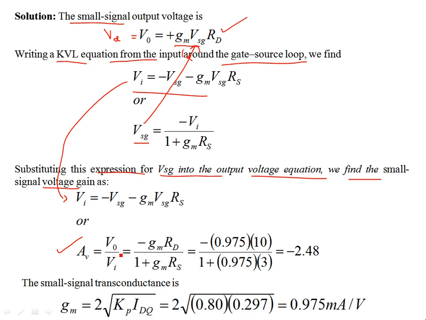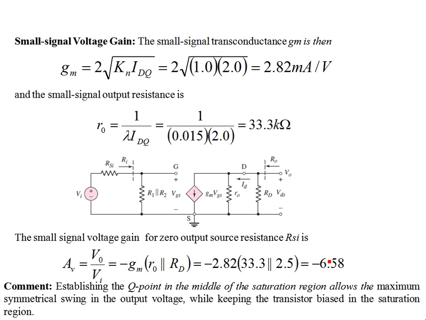You can write this as V naught over VI, given as minus GM RD over 1 plus GM RS, and you see that your voltage gain has been reduced.